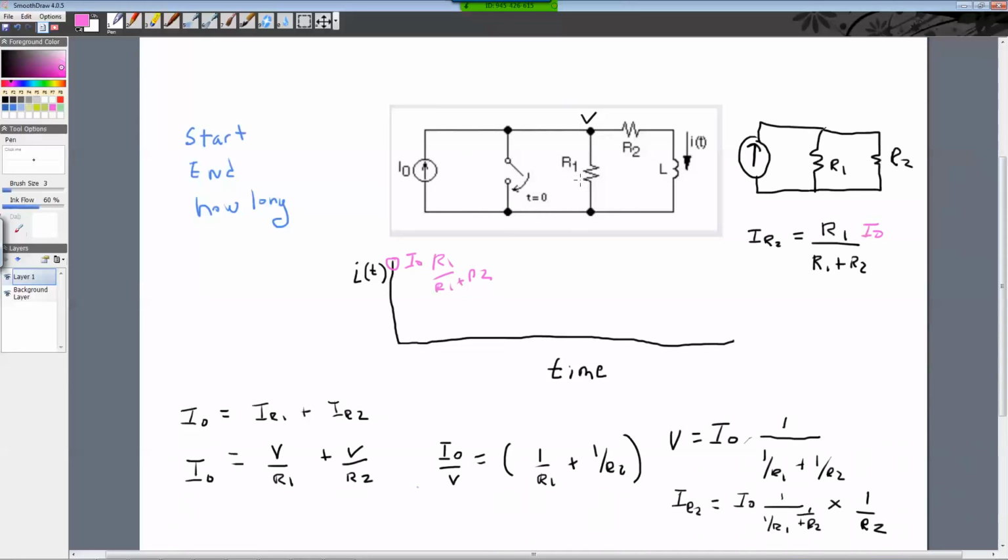So there's nothing that's going to flow through R1, right? So in fact, this side here will be tied to ground, and all the energy that's stored here will eventually drain away, so we're going to end somewhere at 0. And the only thing that can do that in a first order system is some kind of e to the minus t. Now the trick is how long will it take?